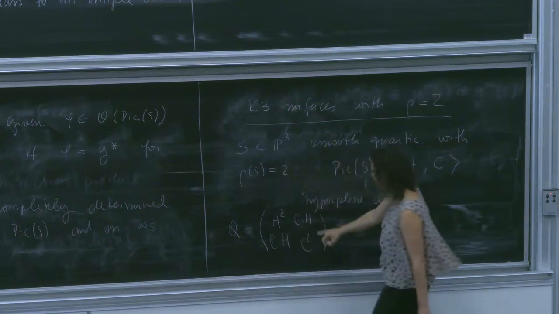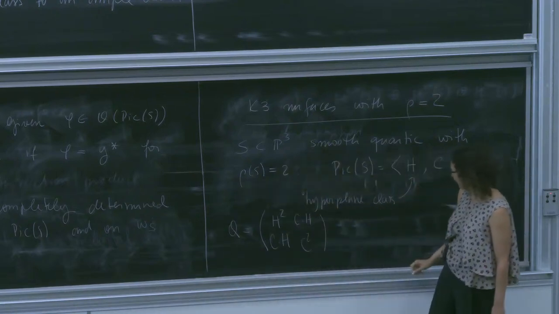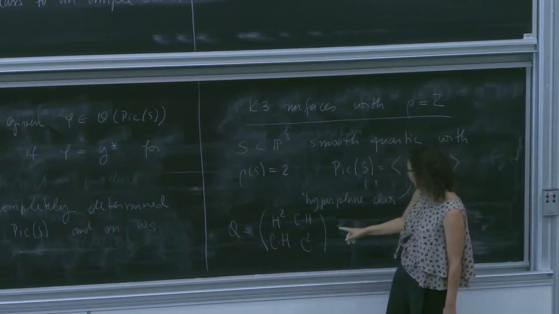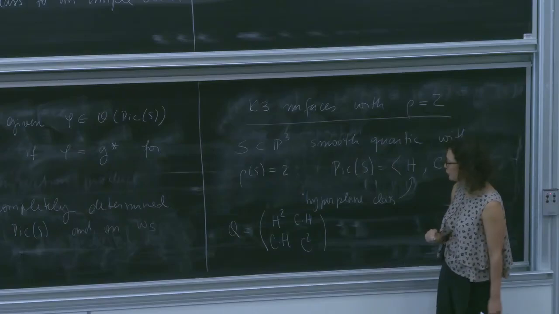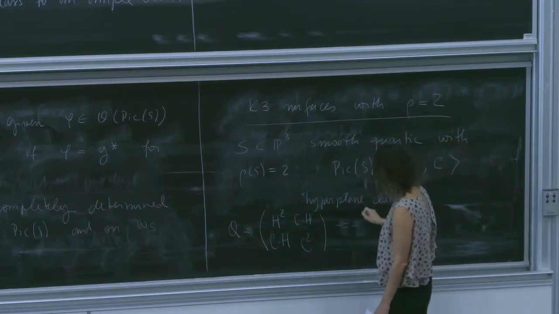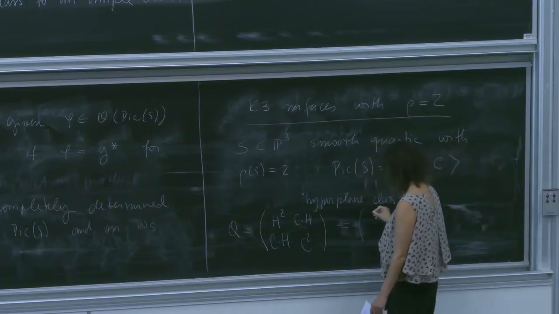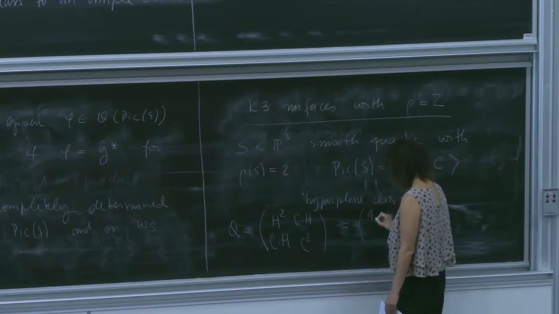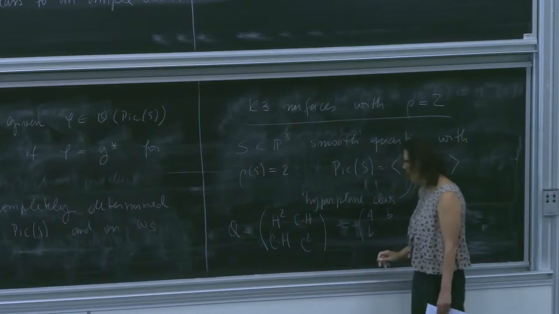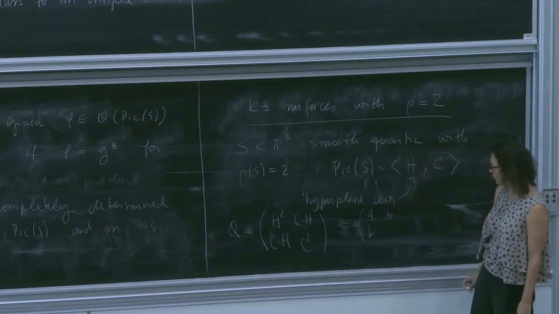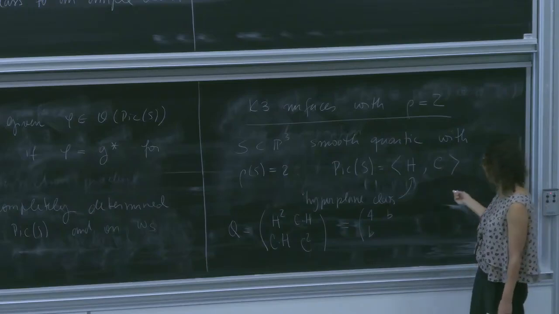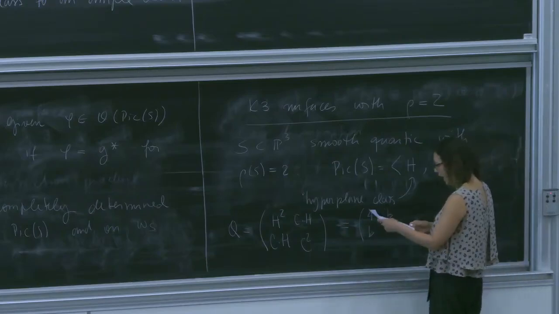So when I write a matrix for a Picard rank 2 K3 surface, I always mean this intersection matrix. So in the case of a quartic, this is 4. This is going to be some integer b, the intersection of C and H. C could be any class. But if C is actually a curve, then I know more.